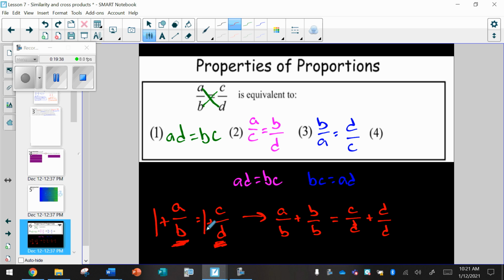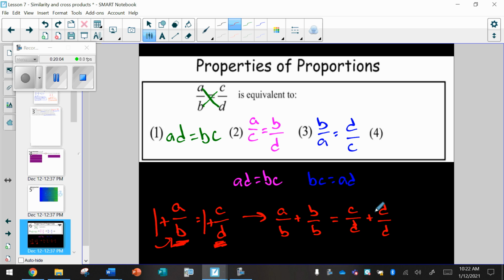If I change that number 1 into a common denominator with the fraction that's already there, then on the left side it would be B over B. Anything divided by itself is still 1. On the other side, it would be D over D, but it's still 1, because anything divided by itself is still 1, and I needed a common denominator.